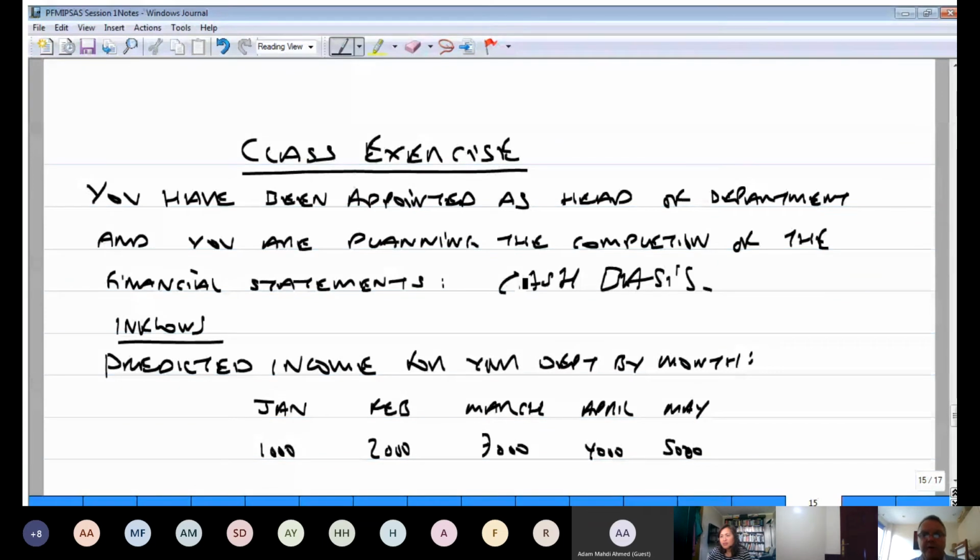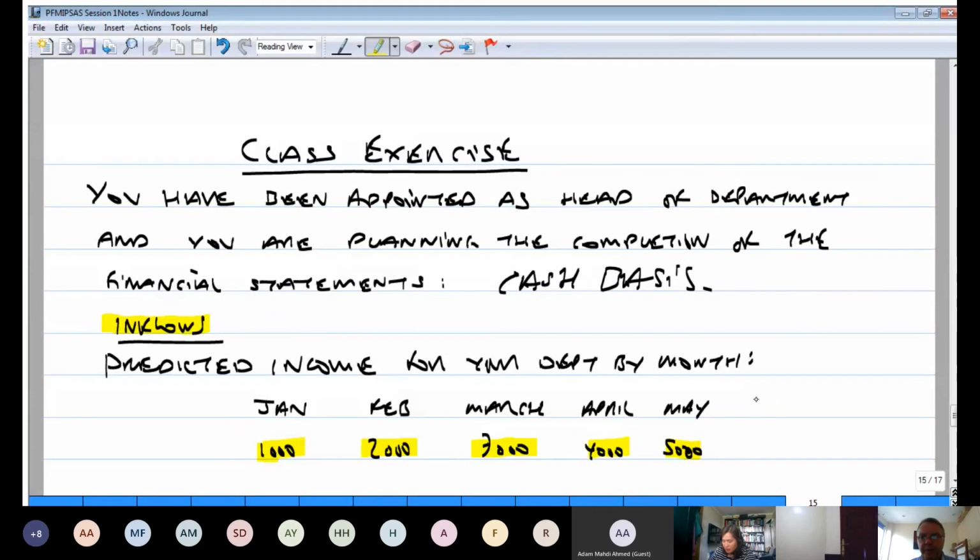So we're going to have a look at completing a small period of account. We've got inflows and we've got outflows. So what inflows do we have? The first set of inflows is our income. We're expecting 1,000 in January, pounds, dollars, whatever you want, 2,000 in February, 3,000 March, 4,000 April, and 5,000 in May.